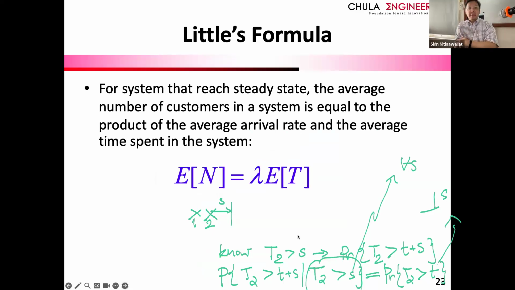So this is a very simple formula, where E[N] is the average number of customers in the system. This means both in the queue and being serviced. Lambda, of course, is the arrival rate of the incoming customers, right? What is T?